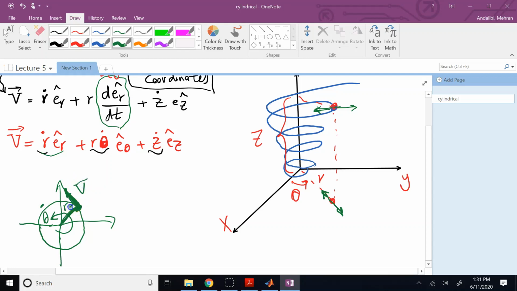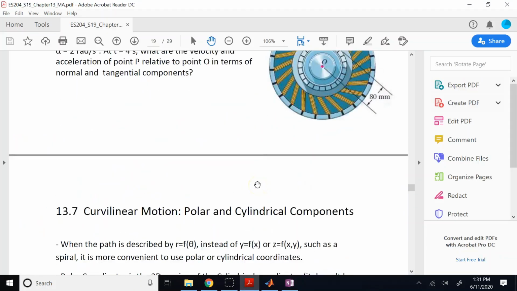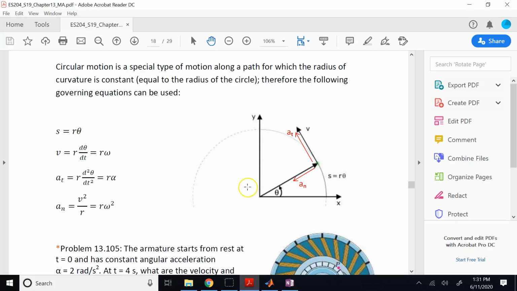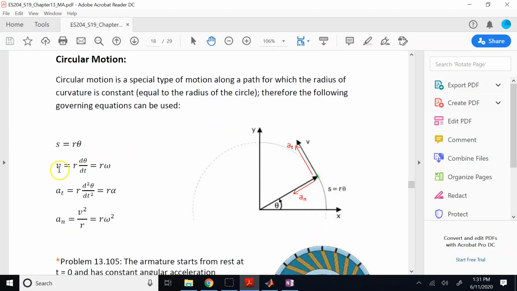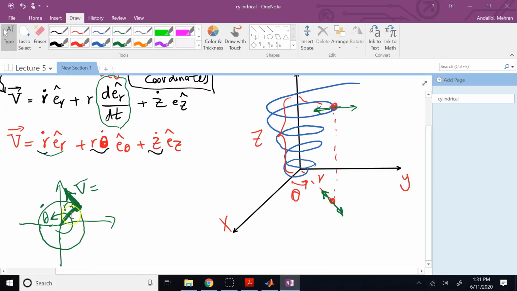This velocity, which was normal to the radial line, how much was it? Let's see if you remember. Yes, you are right. It was R theta dot. You can see it here, this is circular motion. V is R omega, and omega is theta dot. So it was R theta dot. So this term is only due to rotation.